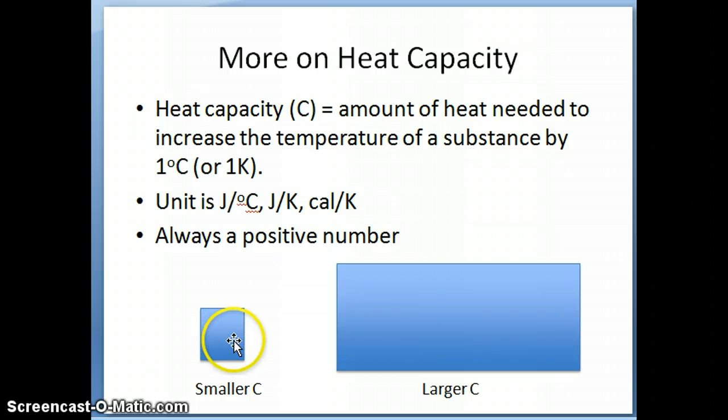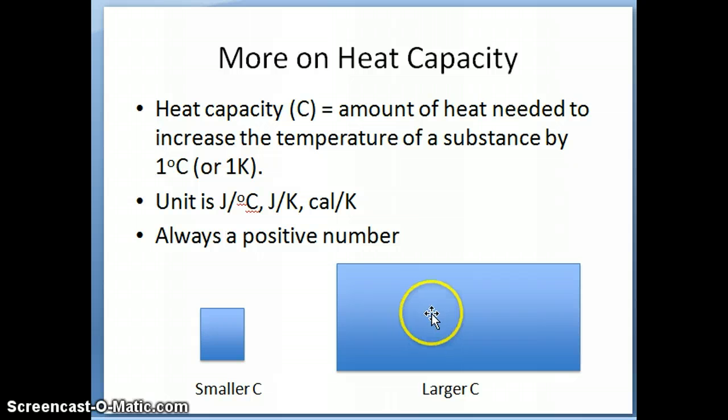By experience, if I have more water, it's going to take more energy to increase the temperature of that container by 1 degree Celsius compared to the smaller one. In other words, it will take more energy to heat up this water by the same increase of temperature, because there's more water here, right?